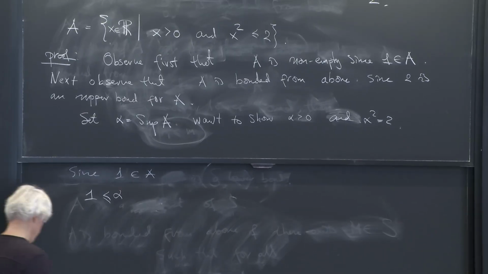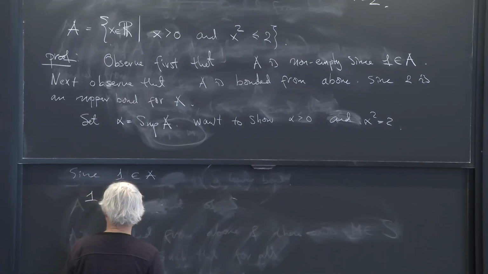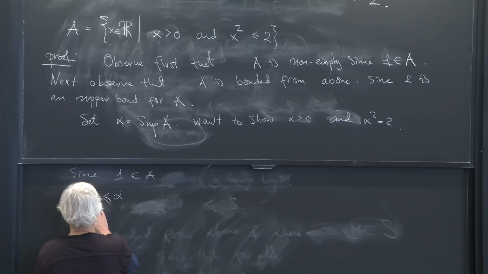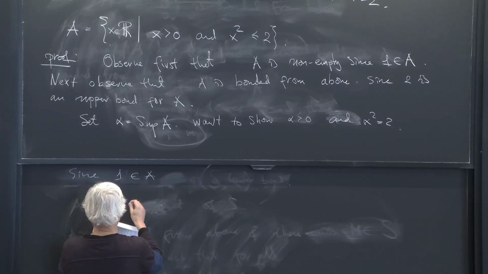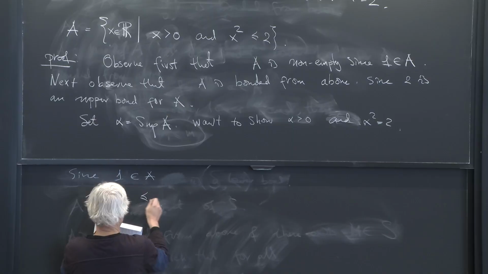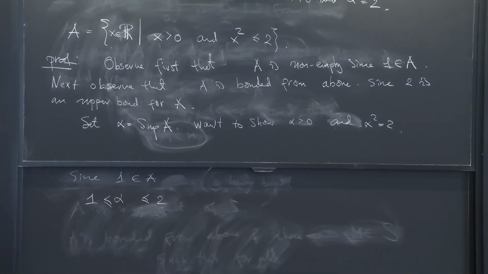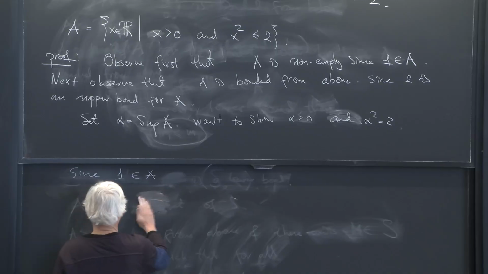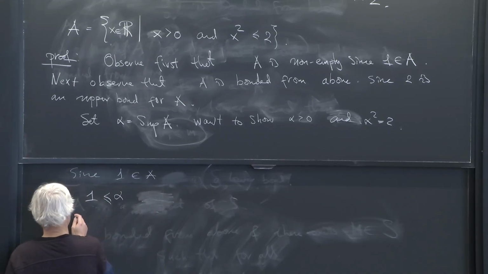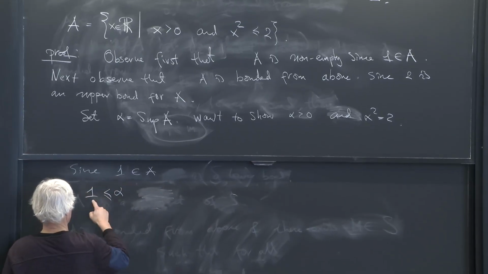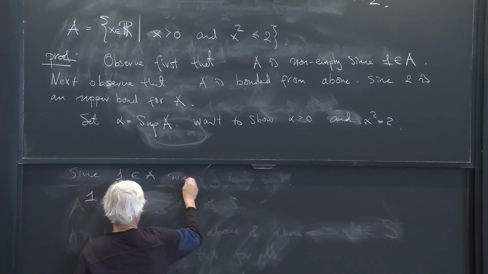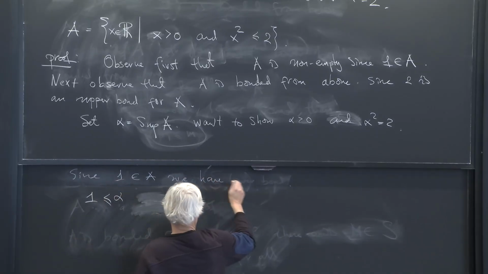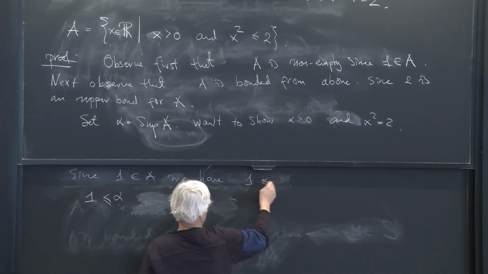Now, if you write it out: since 1 is in A, we have that 1 is less or equal to alpha.